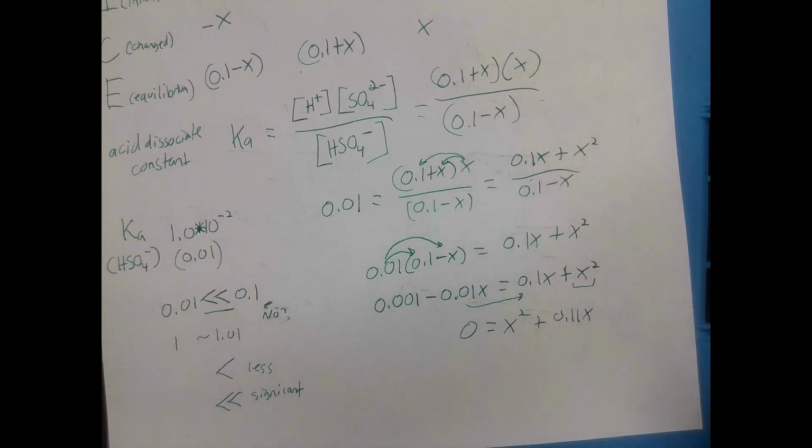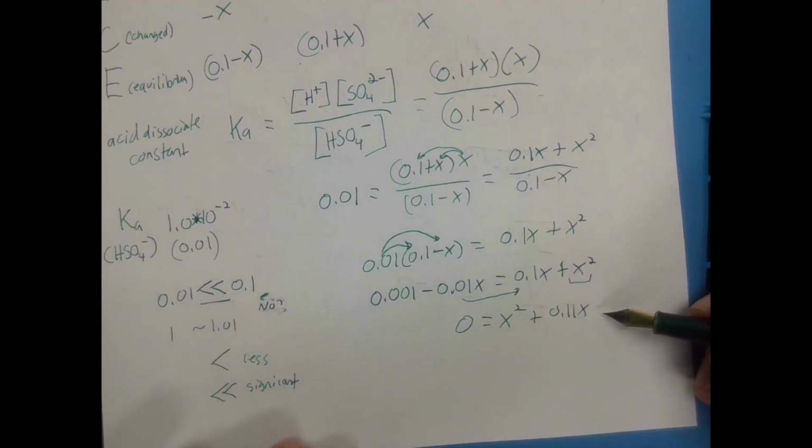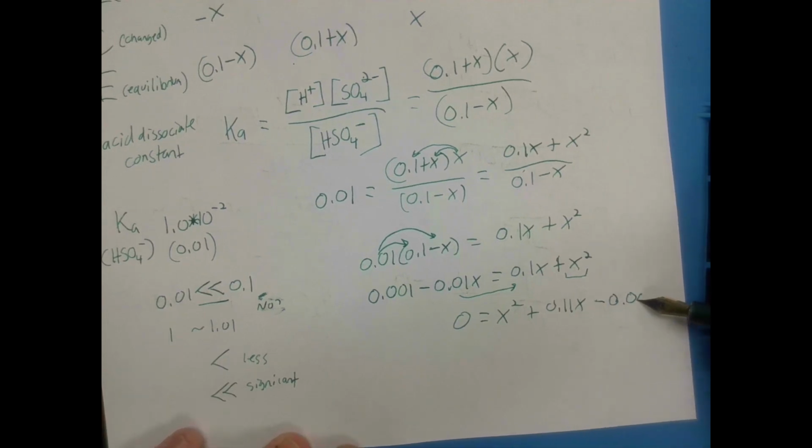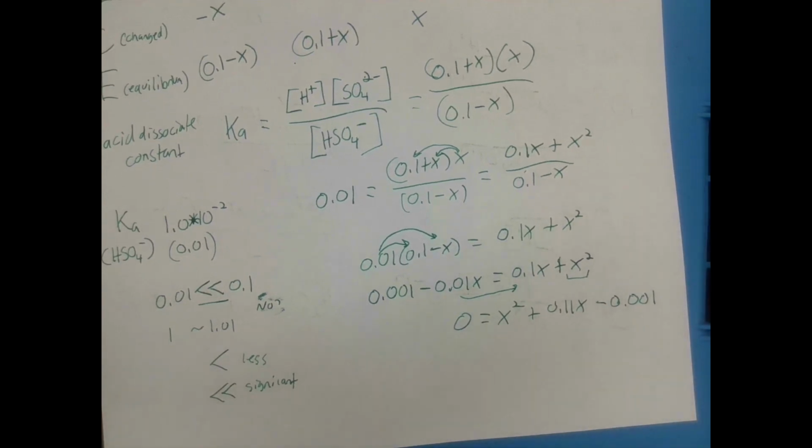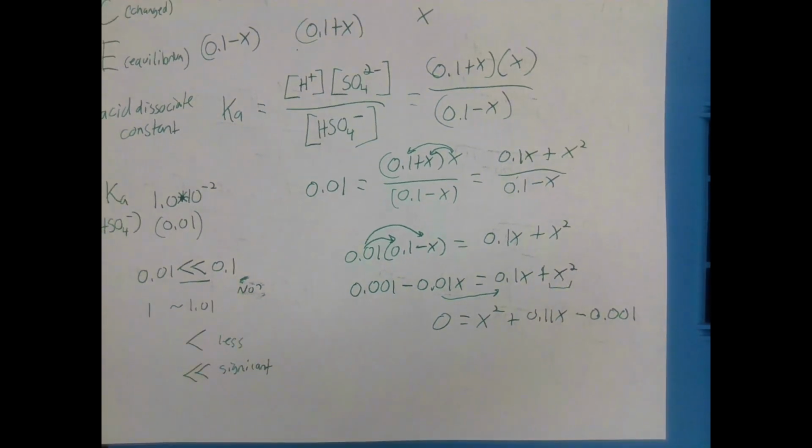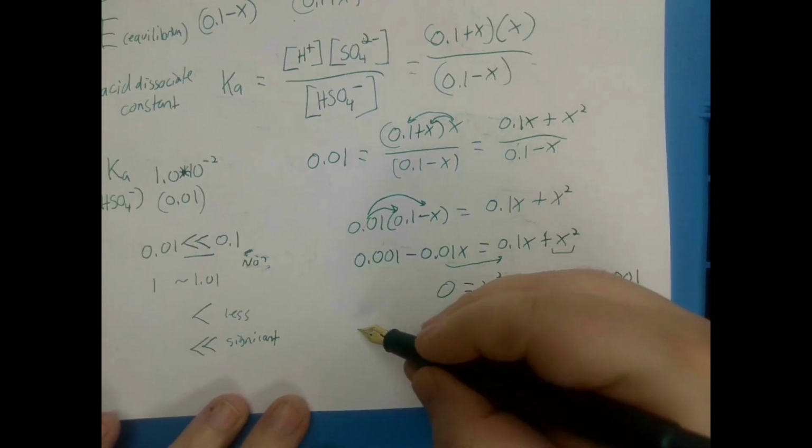And when I move this to the other side, I do it by subtraction, so minus 0.001. So I have a quadratic, and I would plug it into the quadratic formula.